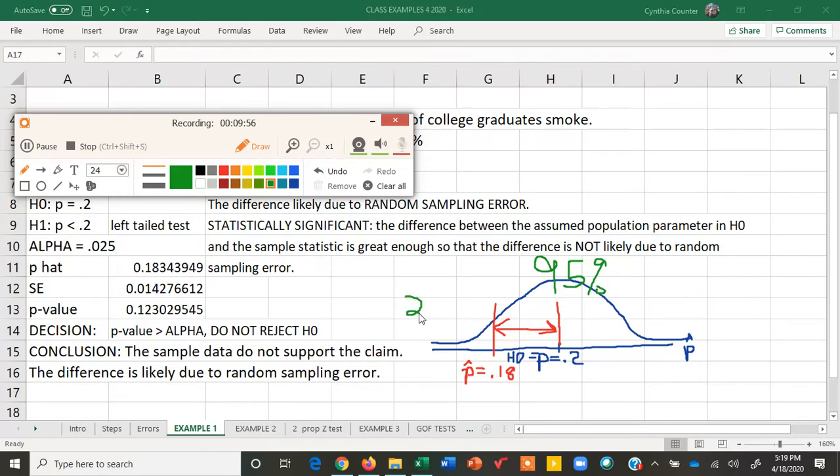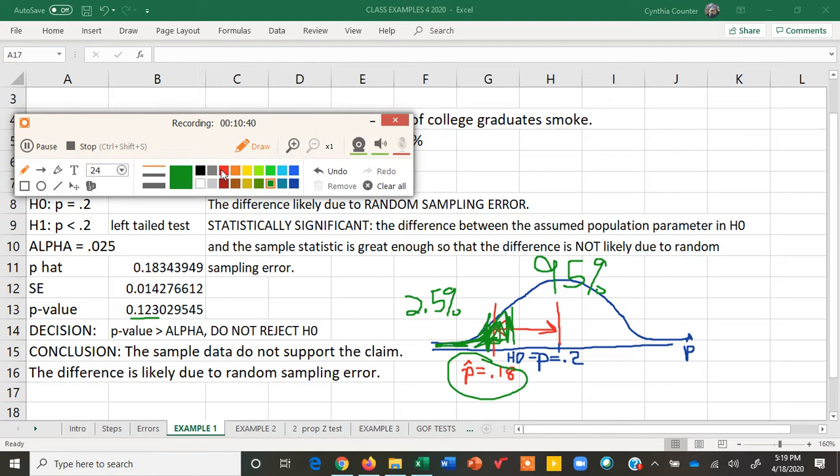So down here you would have your bottom 2.5%, and that's where our alpha 0.025 comes from, because the bottom 2.5% is in the left tail. We want to know then, does this define a tail that is less or greater than 2.5%? And we found out, oh, the area in that tail is much greater. It's 0.123. So it actually moved into here, so we could see it was greater than the 2.5%.